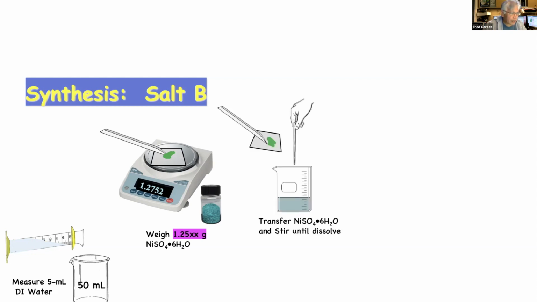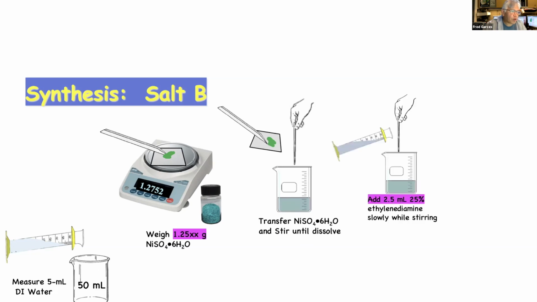Then we're putting it in water, we're dissolving it, and then we're pouring 2.5 milliliters of 25% ethylenediamine. Remember salt A, we only poured 1 milliliter. Well, this one we're pouring 2.5, so there's more ethylenediamine. Okay, and then we are stirring it, continuously stirring.